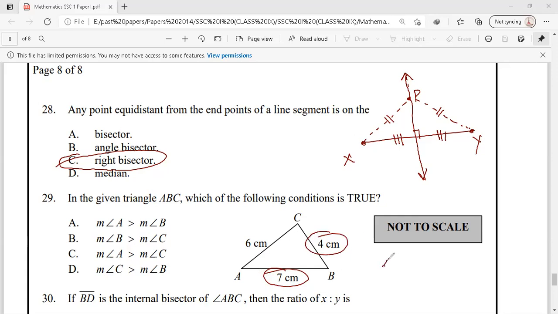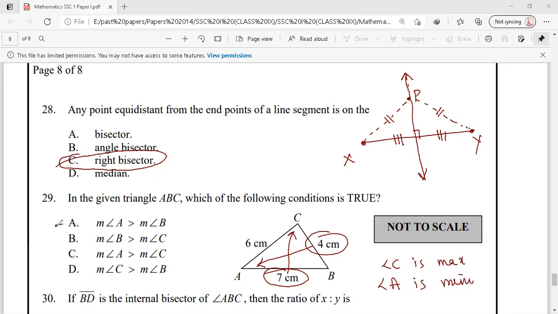This means that angle C is maximum because a theorem says that the angle opposite to the greatest side is the larger angle, and the angle opposite to the smaller side is the smallest angle. So the angle opposite 7, angle C, will be the largest, while the angle opposite 4, angle A, will be the smallest. Angle A will be minimum.